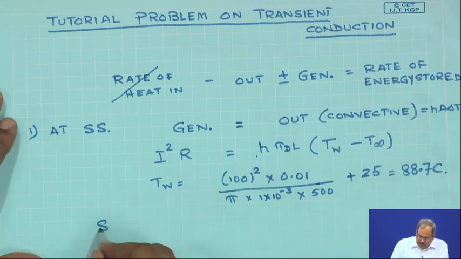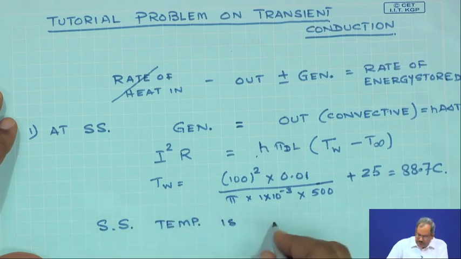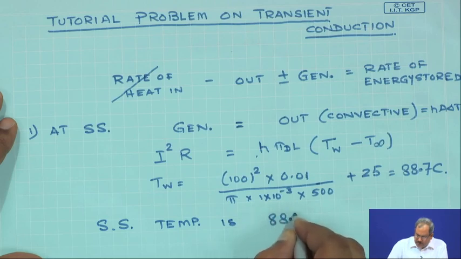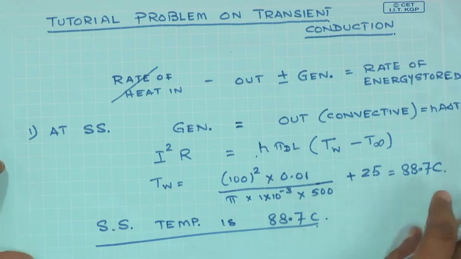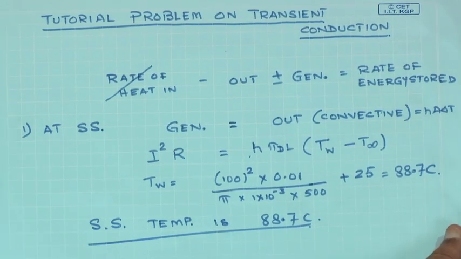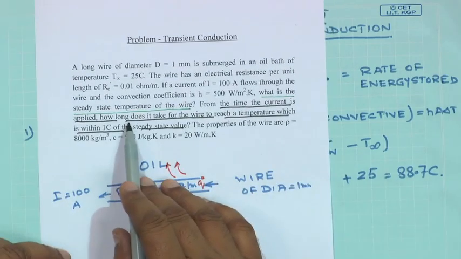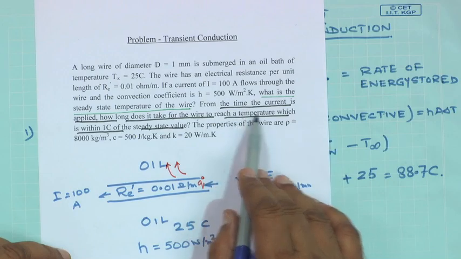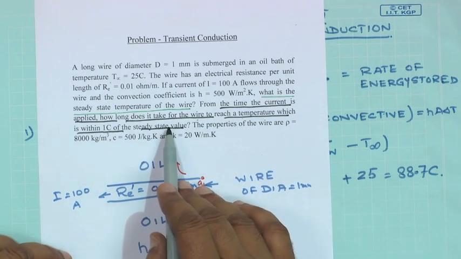So, the steady state temperature of the wire is 88.7 degree centigrade. The next part of the problem tells us that we need to find out what time it takes for the wire to reach a temperature within 1 degree centigrade of the steady state value.